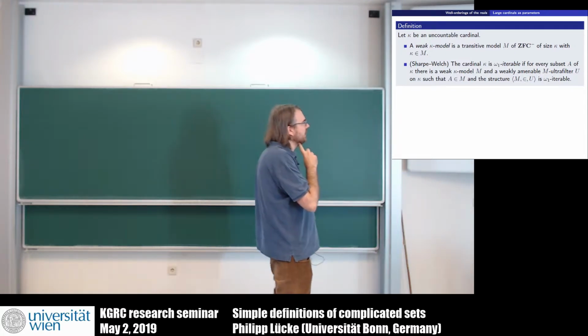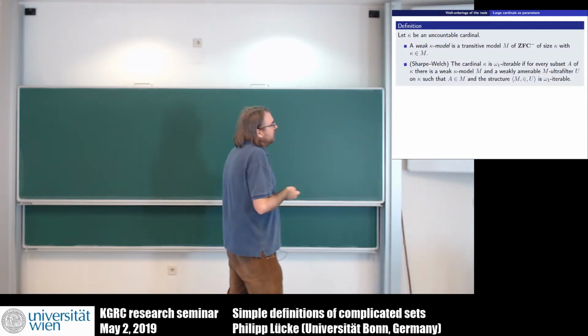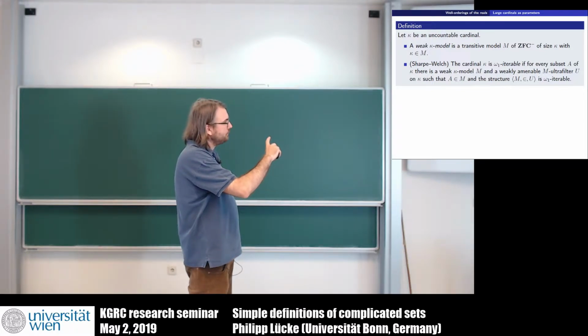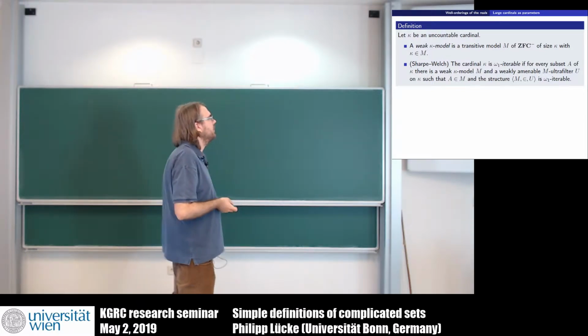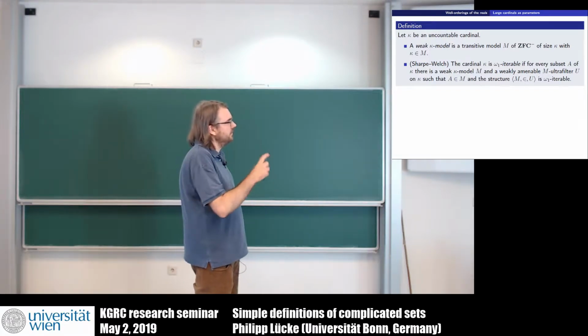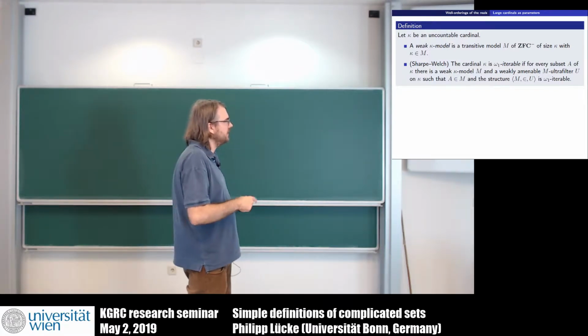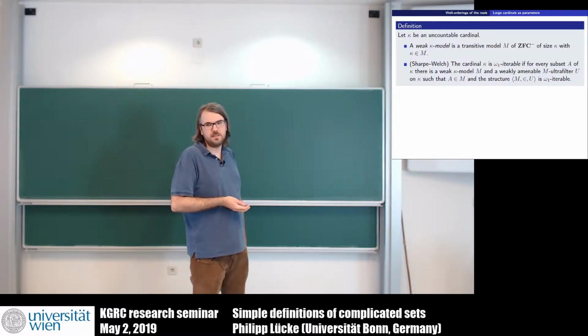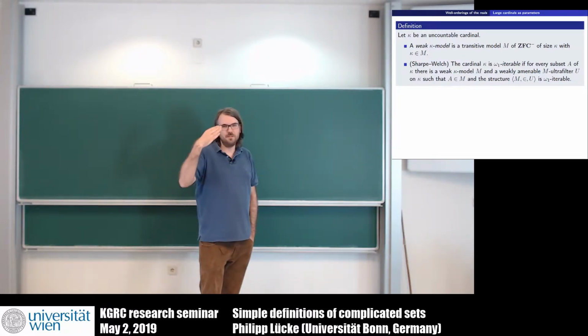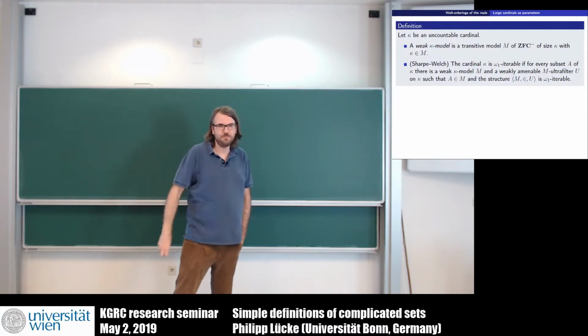This is a cardinal with the property that whenever you take a subset of kappa, then it's contained in some weak kappa model, and there's a filter for this model such that the resulting structure is iterable. So this is somewhere in between sharps and the measurables.